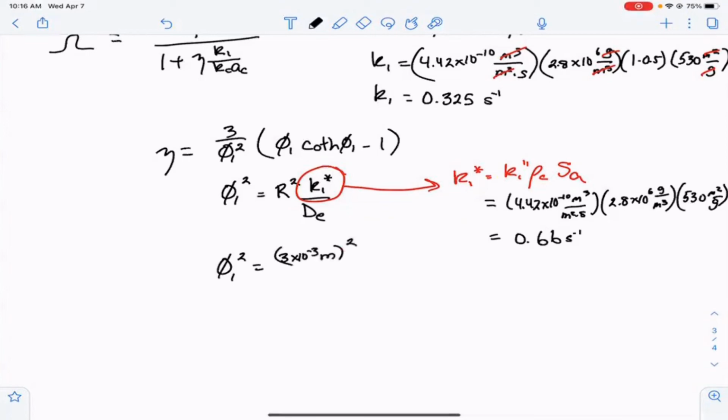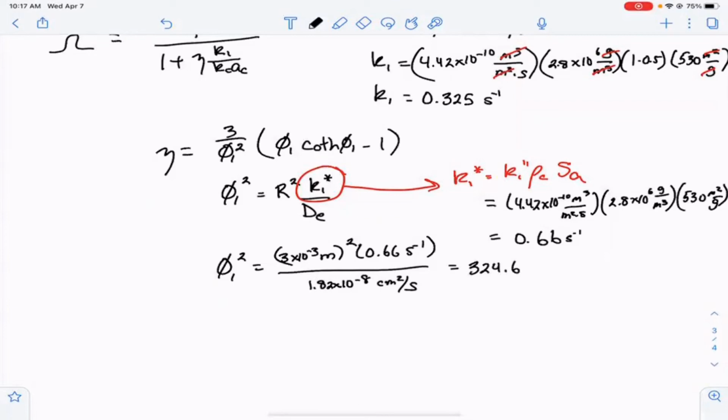And that's squared times this K1 star divided by the effective diffusivity, which is 1.82 times 10 to the minus 8 centimeters squared per second. And so we get a Thiele modulus squared that's equal to 324.6. And then we also need the square root of the Thiele modulus, which we'll call 18. Okay.